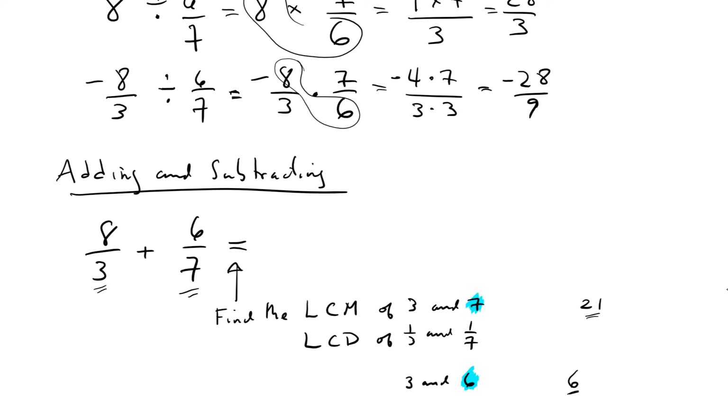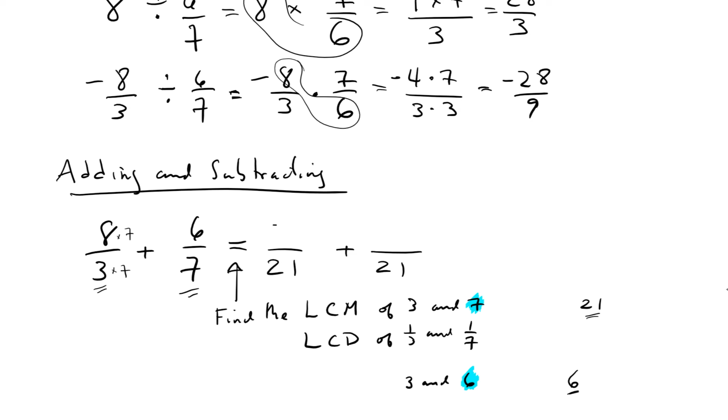So here I'm going to be using common denominators, and usually the smallest common denominator possible. So if I want this 3 to become a 21, that's because I need to multiply it by 7. I need to multiply the numerator by 7 as well so that things remain the same. So remember, if I do something to the denominator, I need to do the same thing to the numerator to preserve equality.